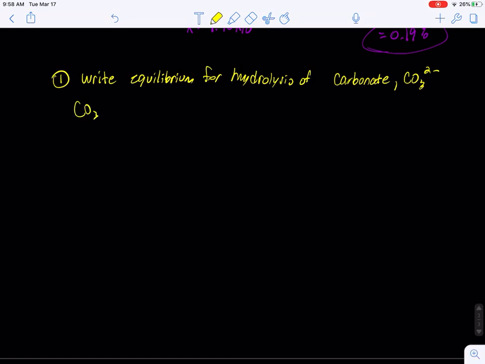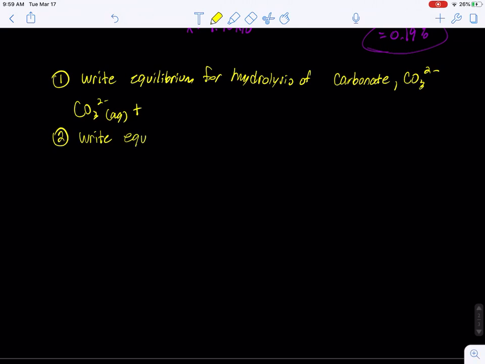So I'll help you set that up, okay? Complete that, okay? The next thing is to write the equilibrium expression.